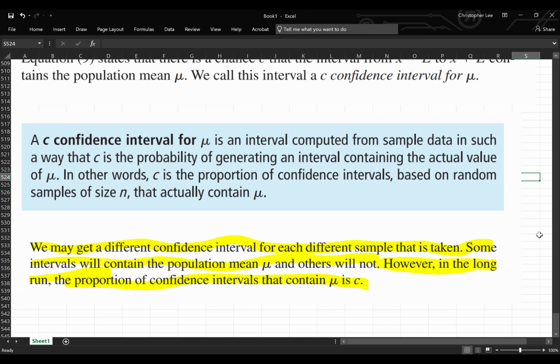We may get a different confidence interval for each different sample that is taken. Some intervals will contain the population mean mu, others will not. However, in the long run, the proportion of confidence intervals that contain mu is the critical value.